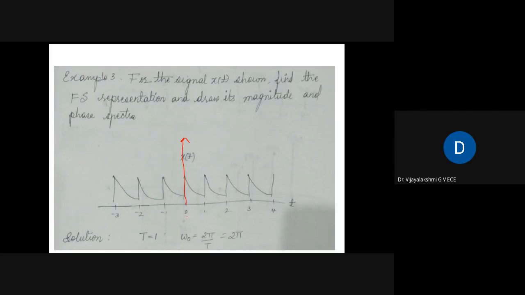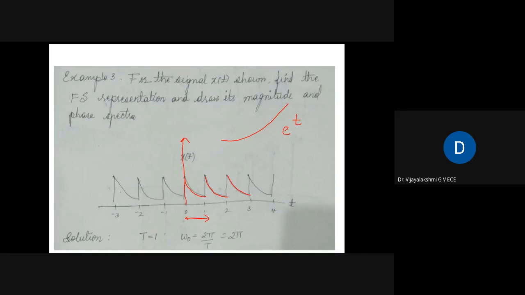If you observe each duration, this is nothing but an exponential signal. You know an exponential signal is either a decaying exponential or a growing exponential. If the exponential is like this, it is e raised to t, which is a growing exponential.